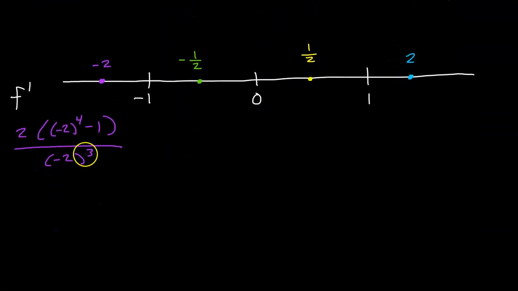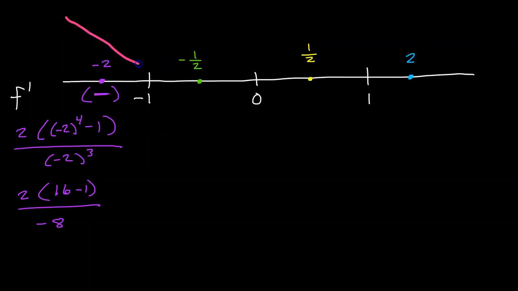This is going to give us 2 times +16 minus 1, divided by -8. In the numerator, I'm going to have a positive number, 16 minus 1. In the denominator, I have a negative number. So a positive divided by a negative is a negative. So I know the derivative is going to be negative in this interval, that tells us that the function itself will be decreasing in this interval.